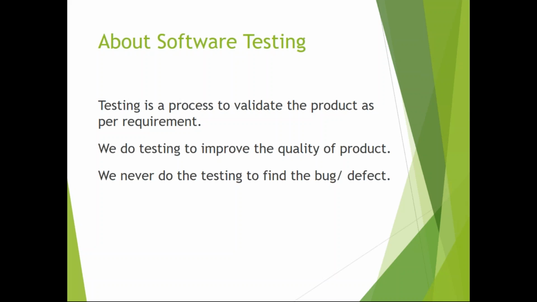We never do testing just to find a bug or defect. Yes, we test the application to improve the quality of the product. If we have set a benchmark that if we reach this level of quality, then we will release the product in the market. To achieve that quality level, there are some hurdles which we call a bug.